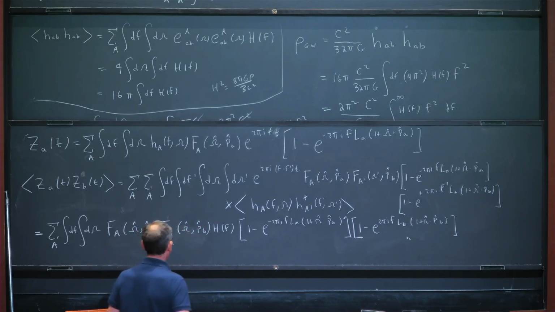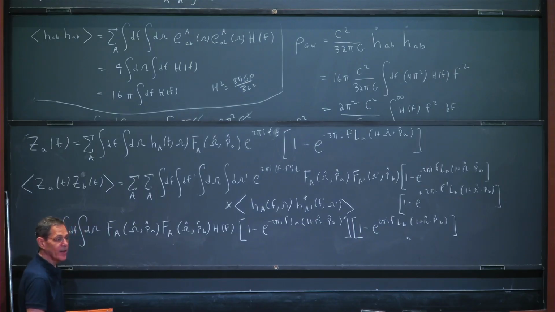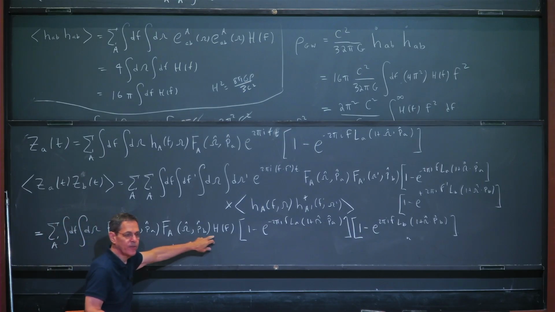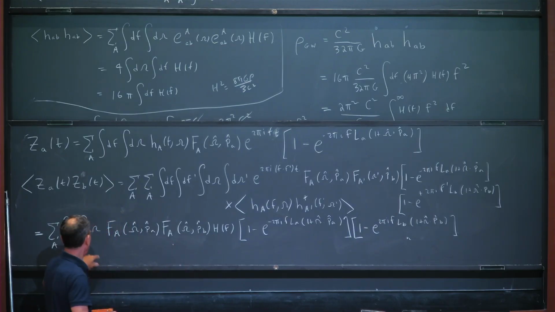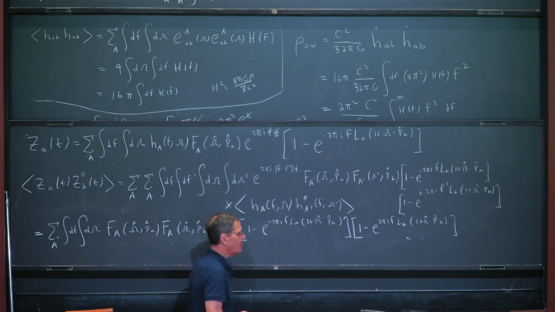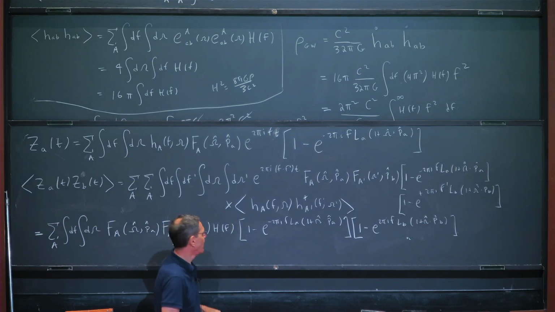If all we had was those two terms, our life would get very easy, right? Because all we'd have here would be an integral df of H of f. That pulls out. And then we have the sum over A of FA times FA averaged over omega. That, by the way, is the Hellings and Downs curve.